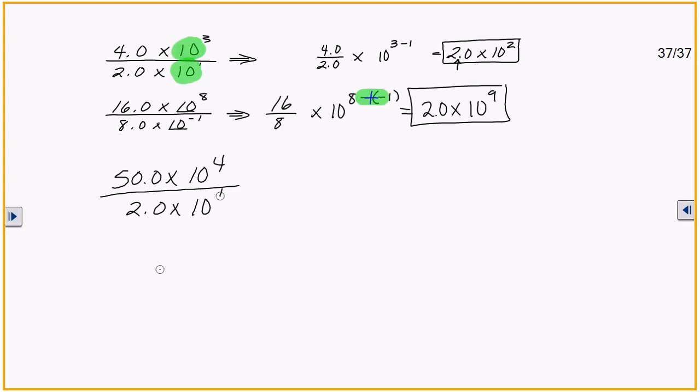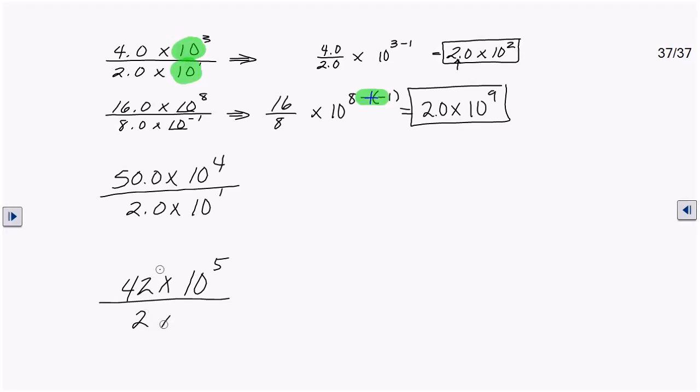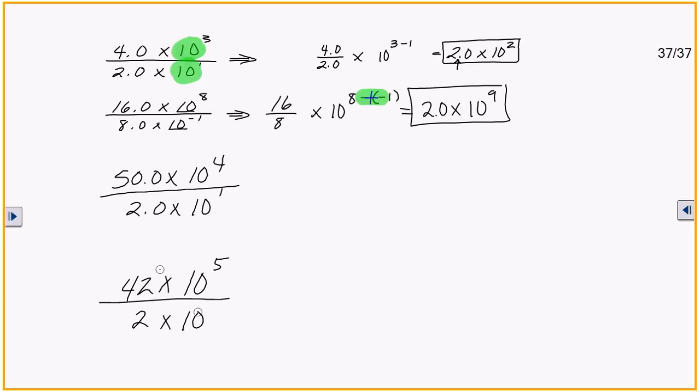Let's do 42 times 10 to the 5th divided by 2 times 10 to the 8th. So pause the video and work those problems out. And when you come back, we will work them together.